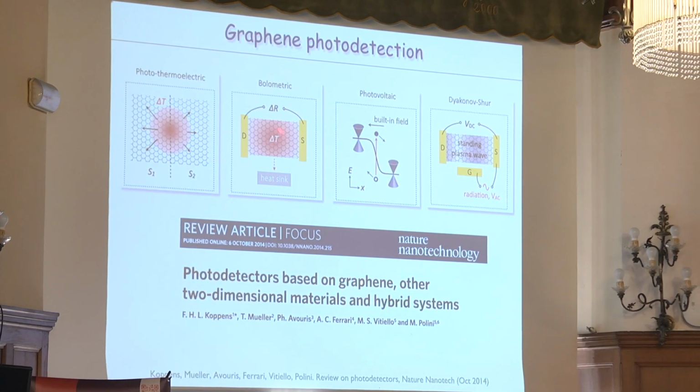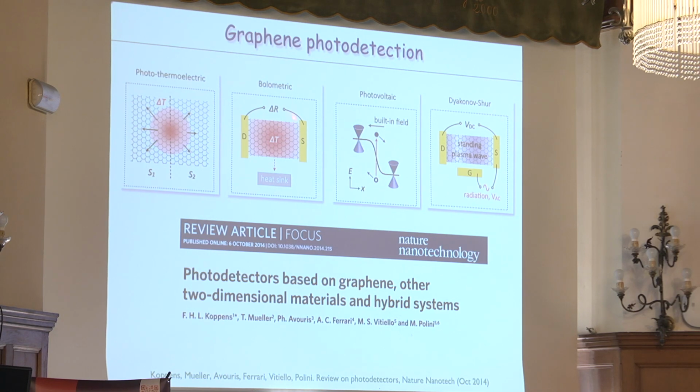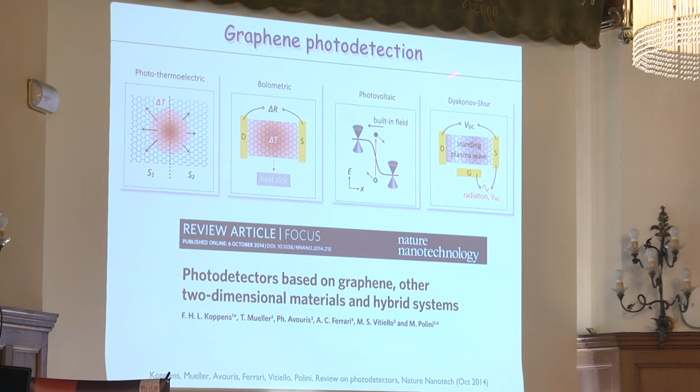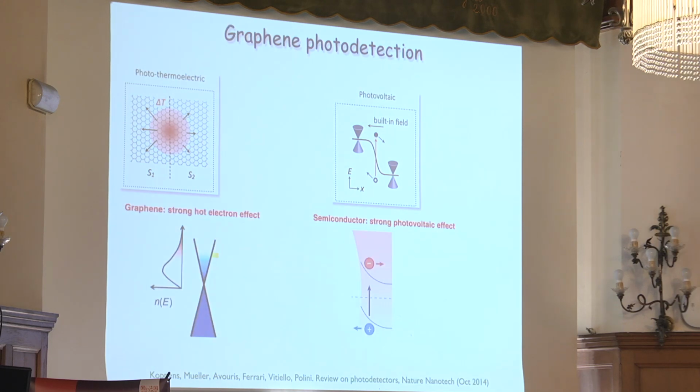You can have bolometric effects, where heat changes the conductivity of the system. You have photovoltaic effects where electron and hole pairs are separated, like in semiconductors. And then in terahertz there are also more exotic effects like Dyakonov-Shor, which I will not discuss. But let's just have a look at these two.